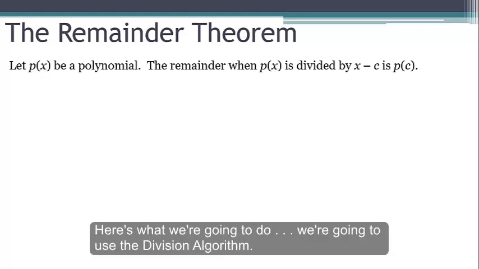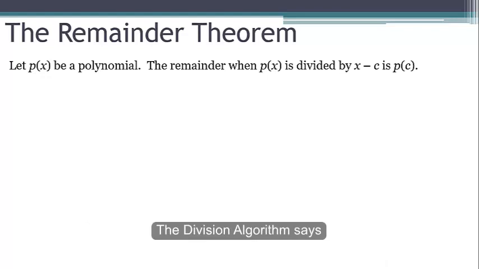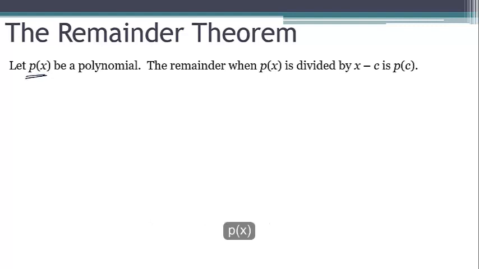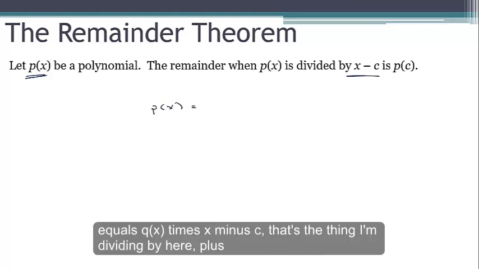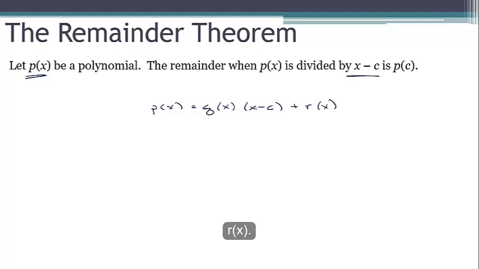Right, so here's what we're going to do. We're going to use the division algorithm. Right, the division algorithm says if I divide p of x by x minus c, then there have to be polynomials q and r such that p of x equals q of x times x minus c, that's the thing I'm dividing by here, plus r of x.